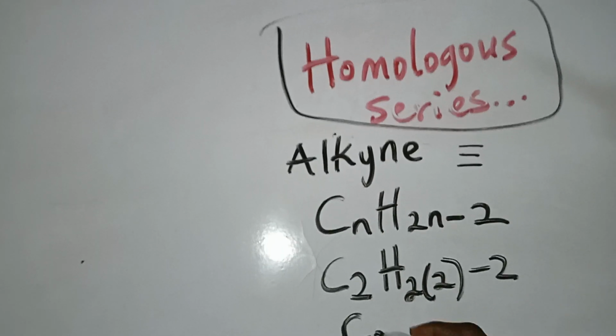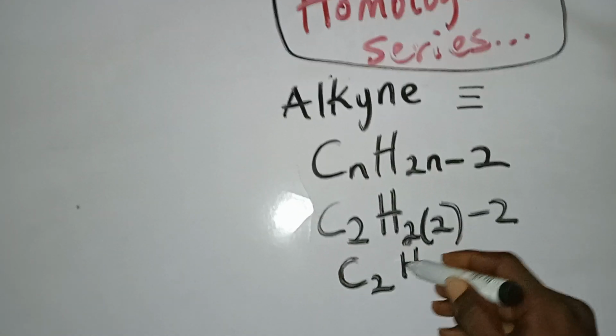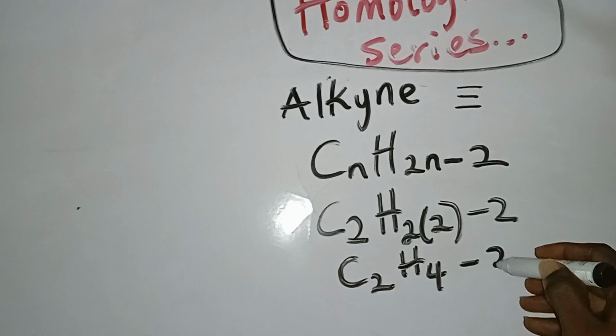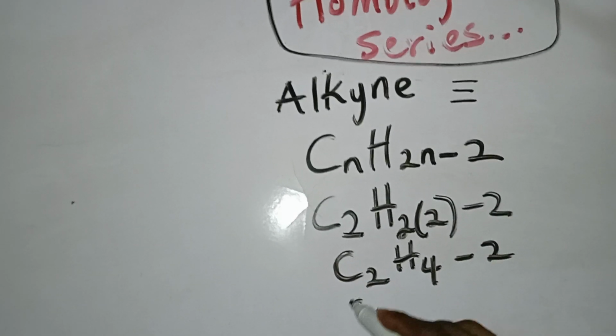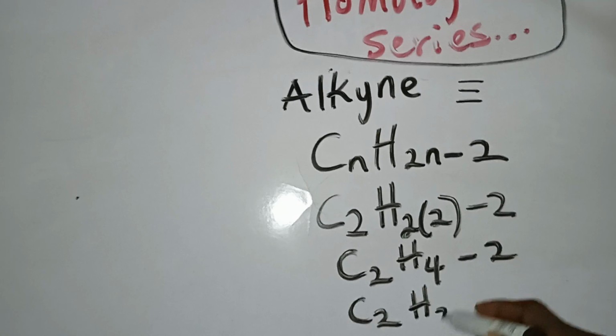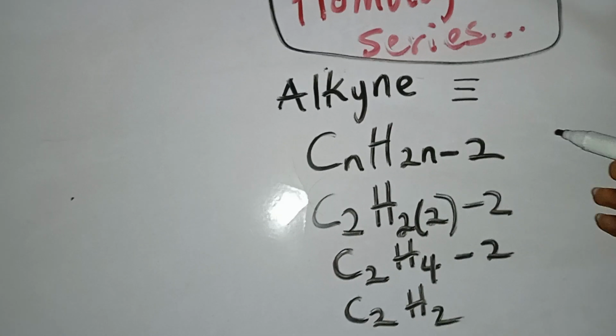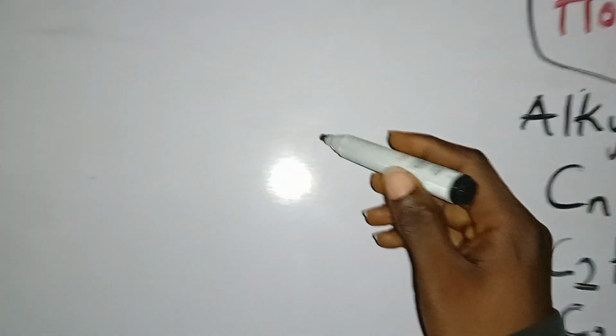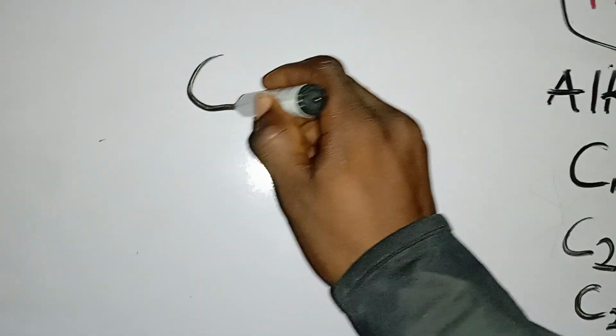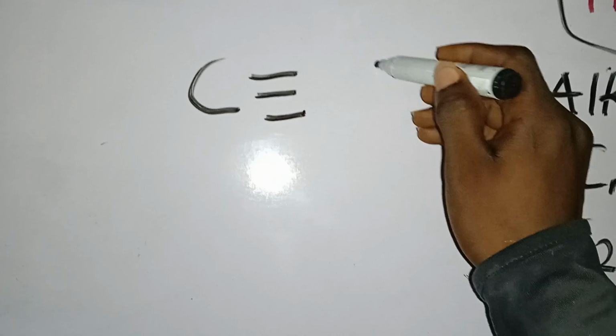So this becomes C2H4 minus 2, which is the same thing as saying C2H2. So you need to know this. And this is the same thing as C triple bond C for alkyne.